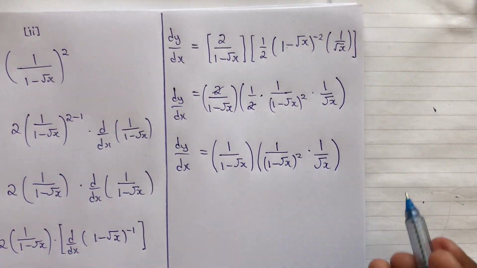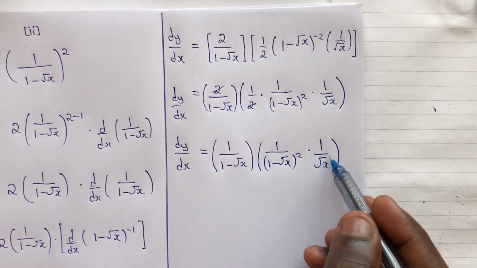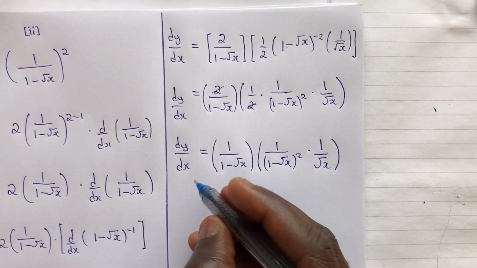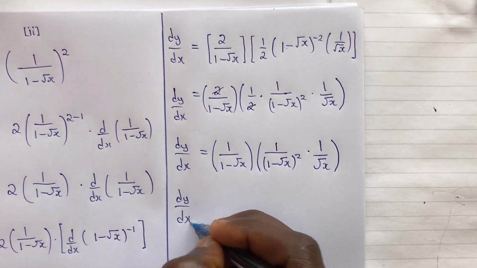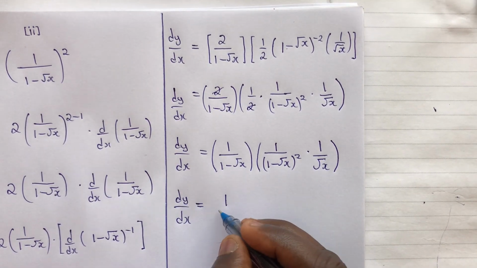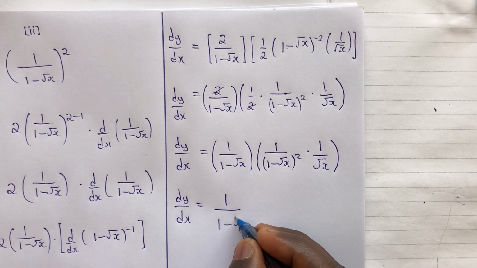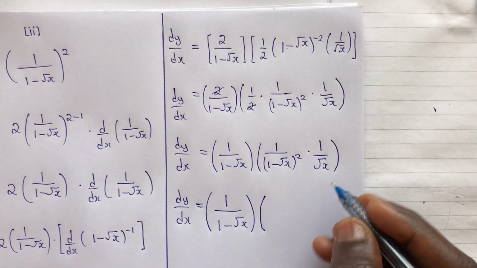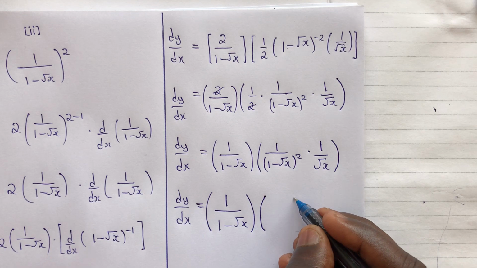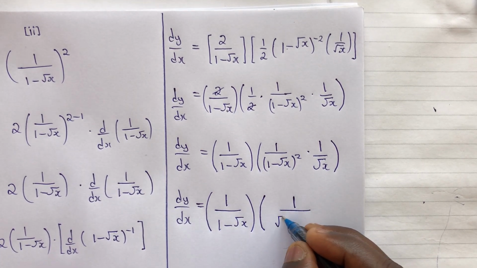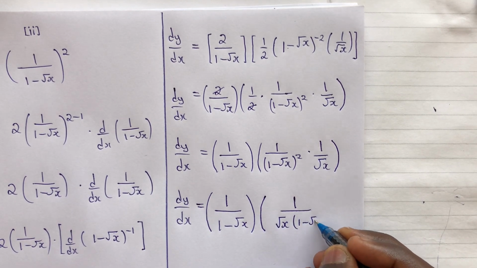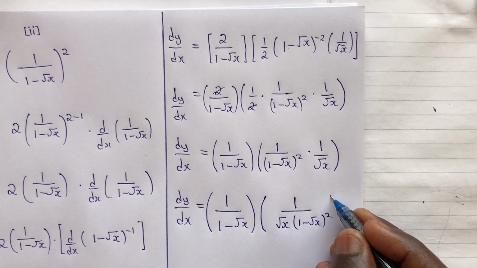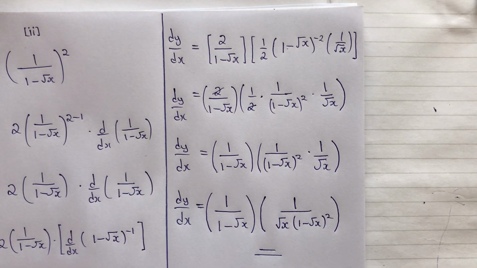Okay, so we can actually simplify this. There's no need for me to do that, but let me write the last step. So we have dy/dx being equal to 1 over 1 minus root of x times 1 over root of x times 1 minus root of x all squared. So we can leave our final answer here.